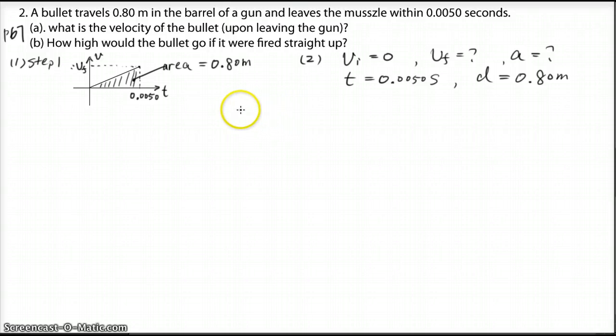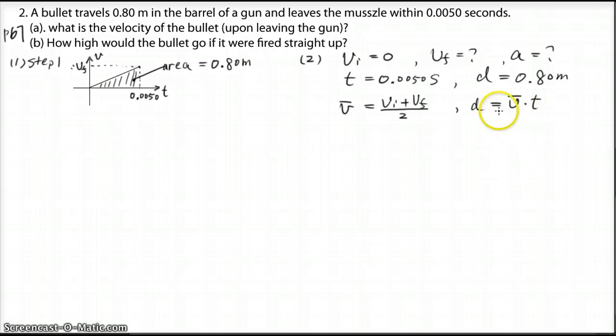To solve this problem, I like to use the basic formulas. The basic formula is average velocity equals V initial plus V final divided by 2. And the other formula is displacement equals average velocity times time.